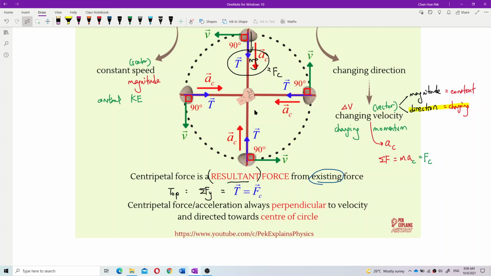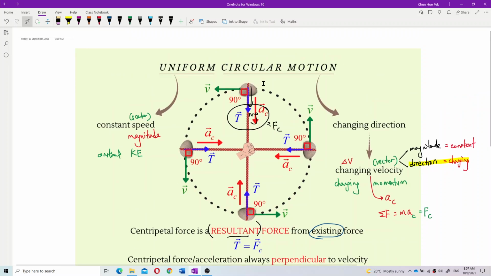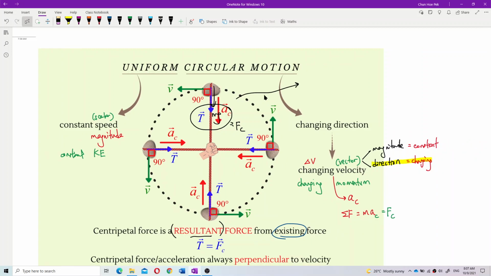It's actually the tension plus mg. Maybe I should rewrite this, because I neglected the weight just to simplify things. There are more examples in the problem videos, where we will draw more detailed free body diagrams.